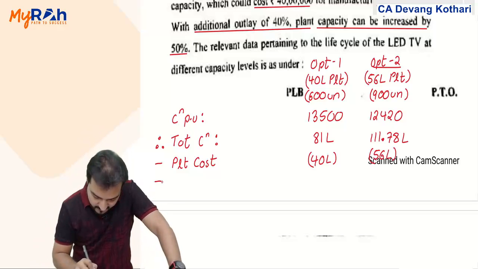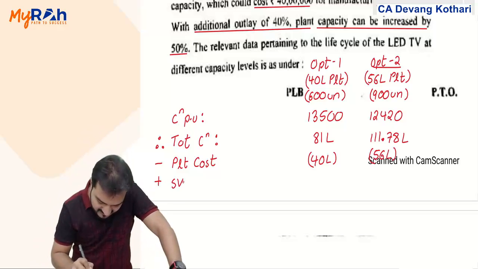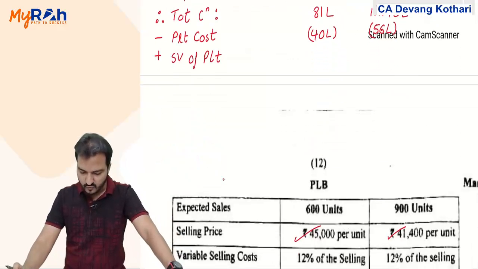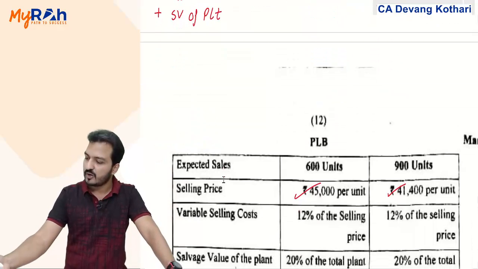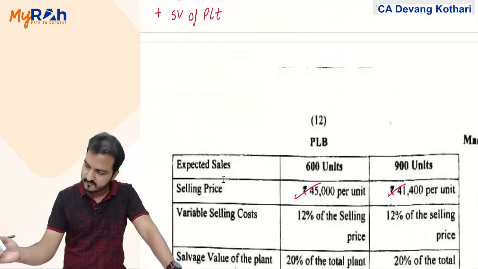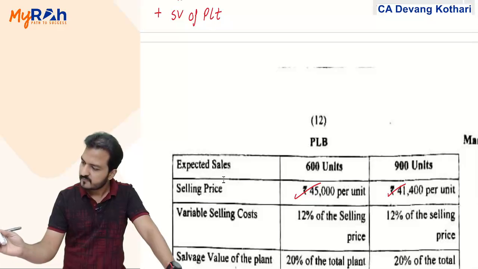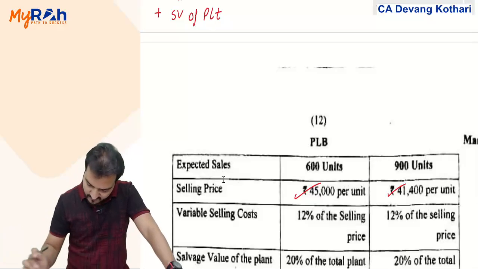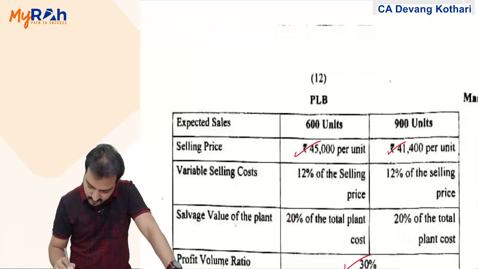Okay, but in each option you also get scrap value of plant at the end. What is the scrap value we are getting in option 1? In option 1, we are getting scrap value 20% of the plant cost.